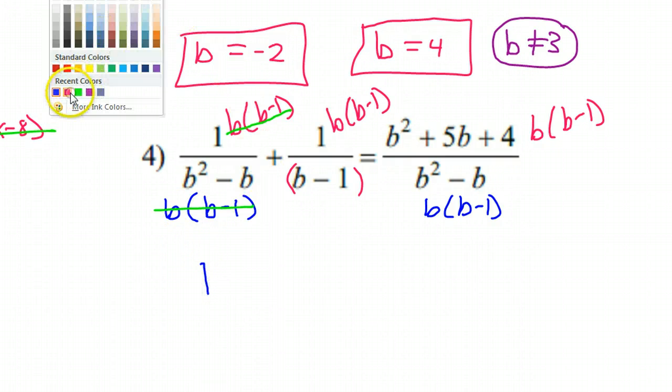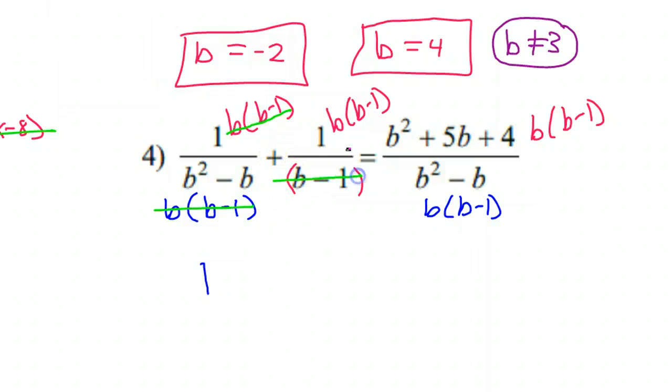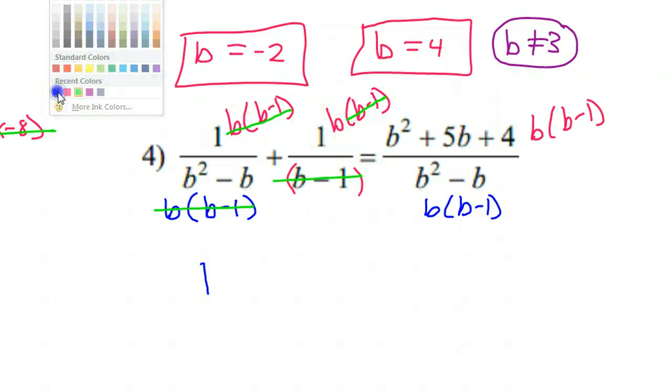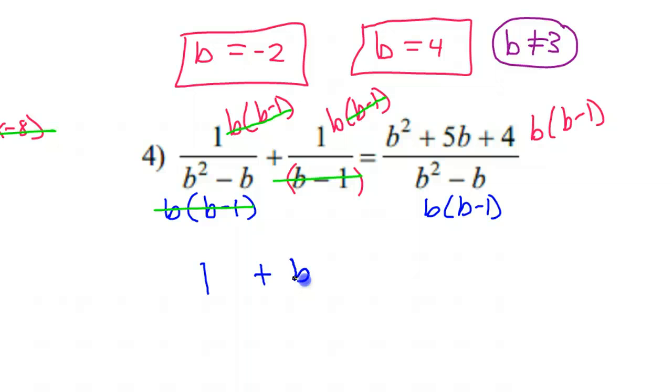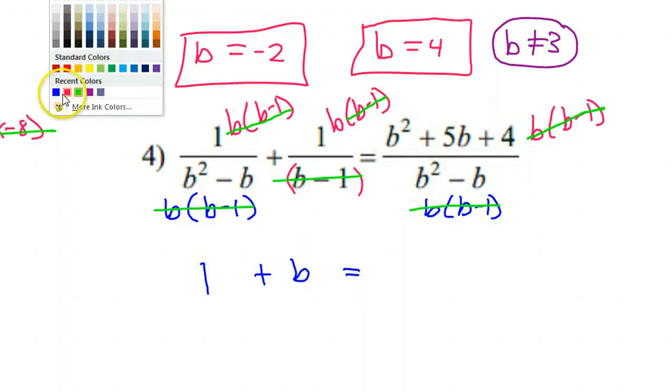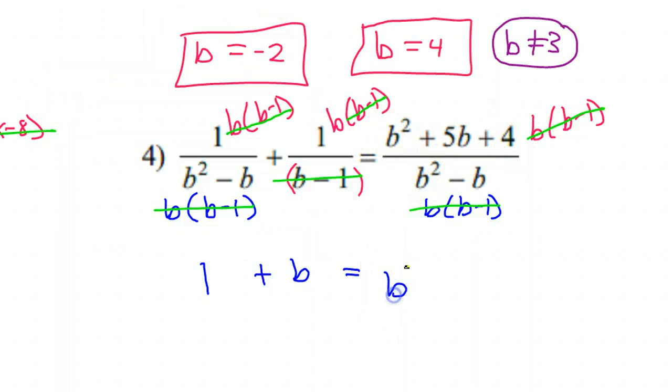In the second fraction, the b minus 1s cancel out, but it still leaves b. So I have plus b. In the third fraction, the b minus 1 cancels out completely, so that leaves me with this numerator, b squared plus 5b plus 4.